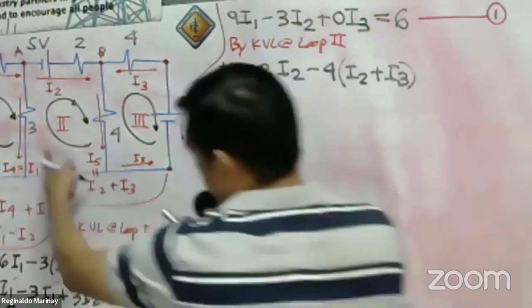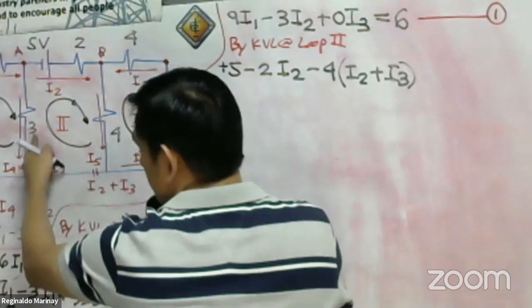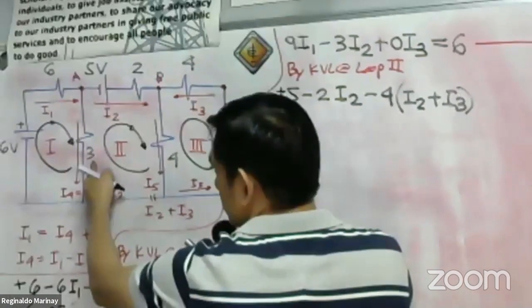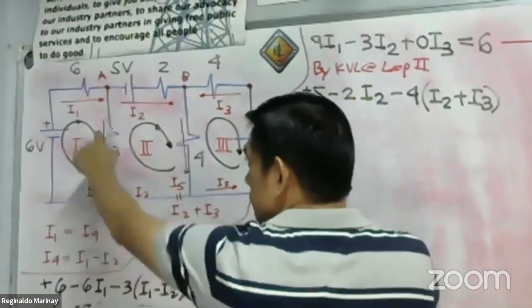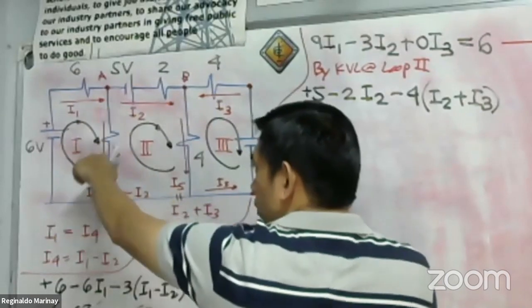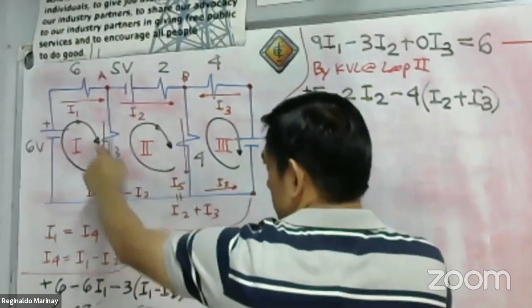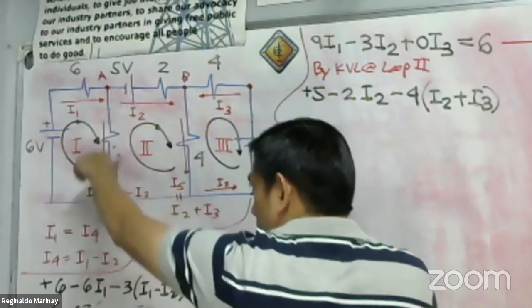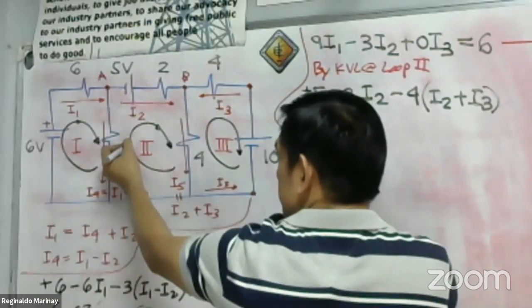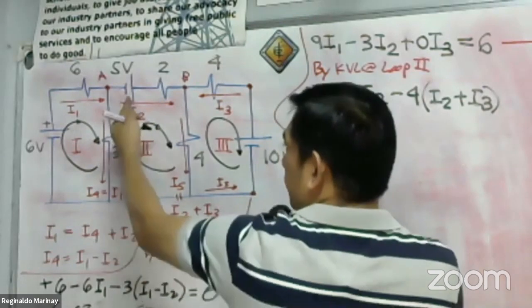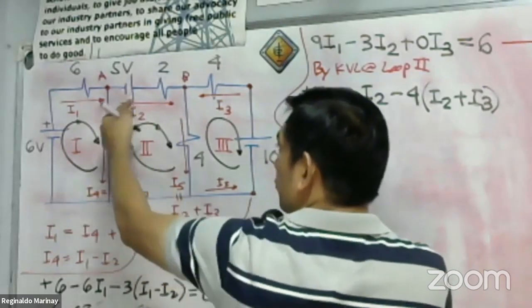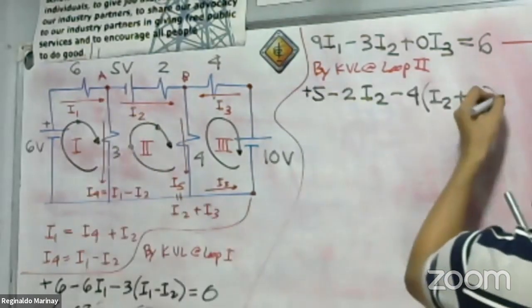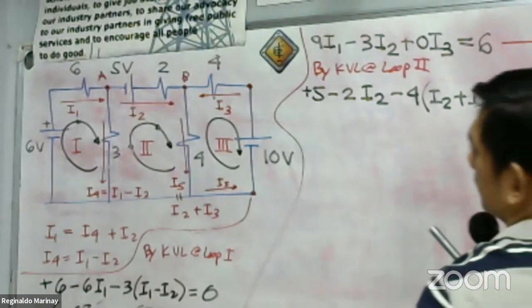For the 3 ohm resistor, take a look here. The current I4 is flowing through the 3 ohm resistor. That is downward. But the circuit tracing is upward. Upward, downward, two lines.